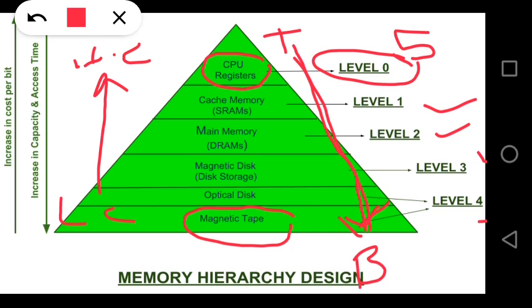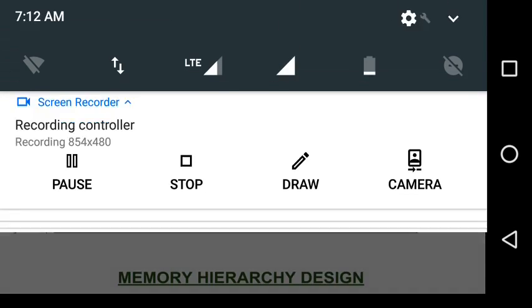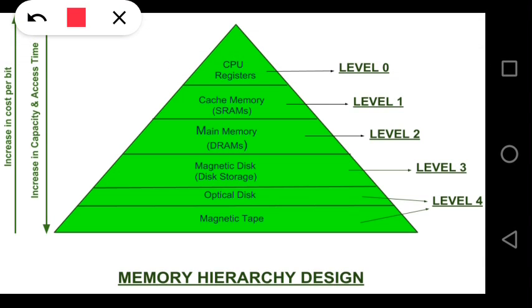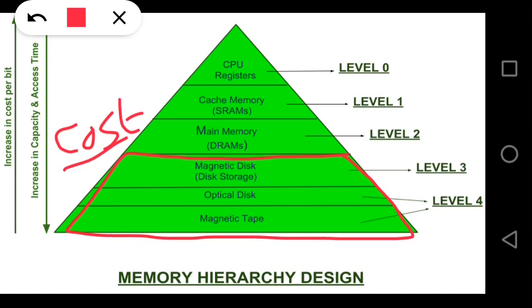For that we have different levels of hierarchy. See, if our goal was only to reduce the cost, you can keep only these three memories which are cheaper, secondary memory.